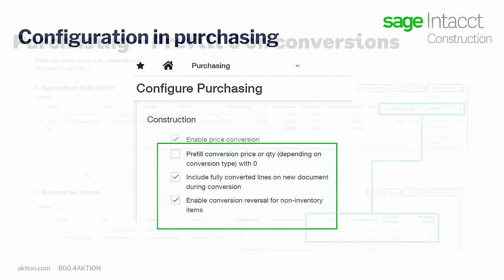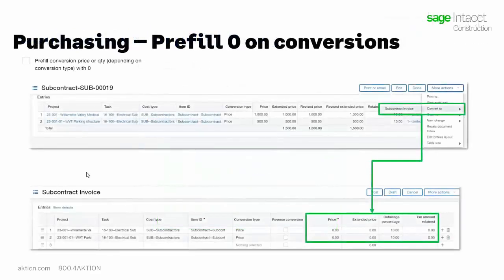The first being to pre-fill 0 on conversions. If you are going in to convert your subcontract to a subcontract invoice, previously this would populate with the remaining balance. If you do select this checkbox, it will now populate as a 0.